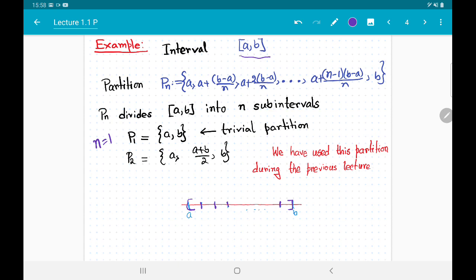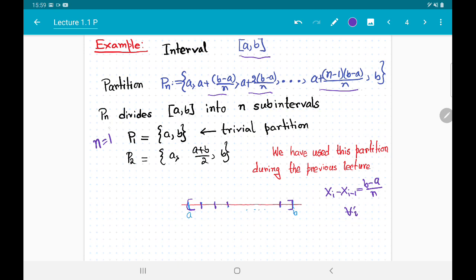This gives us n plus 1 points which are of this form. Now as I said, Pn divides [a, b] into n subintervals and the lengths of all the subintervals are the same. And what is the length? xi minus x(i-1) will be equal to (b minus a) by n for all values of i.